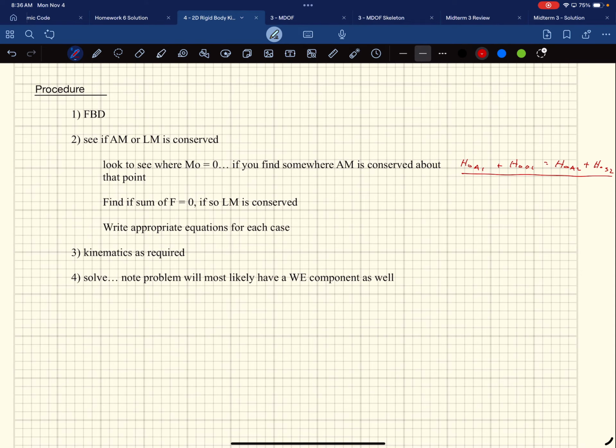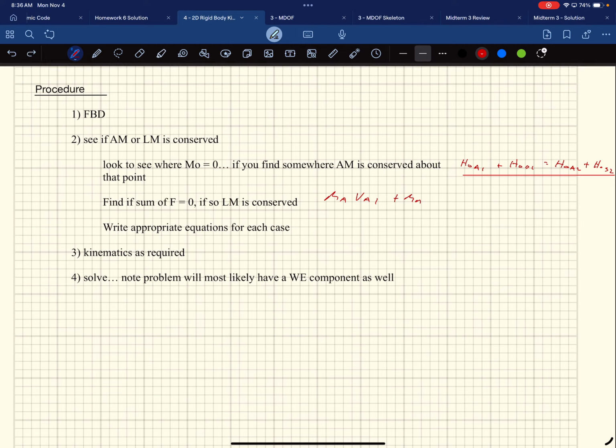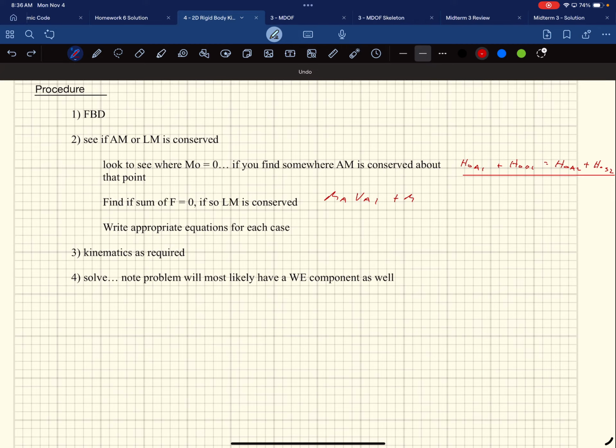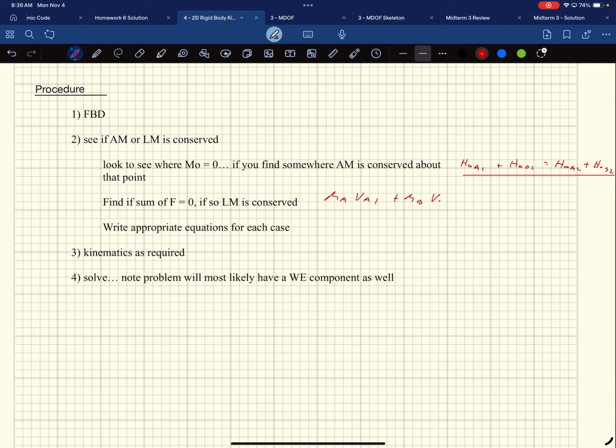That's the equation I'm referring to there. And then down here, linear momentum: m_A v_A1 plus m_B v_B1 is equal to m_A v_A2 plus m_B v_B2. Those are the appropriate equations that we're talking about.